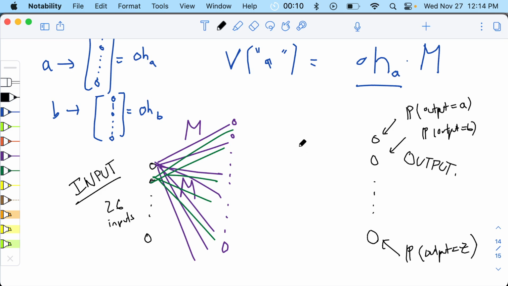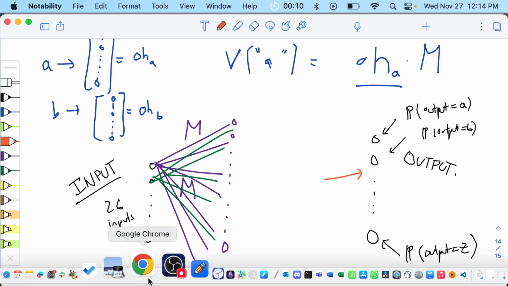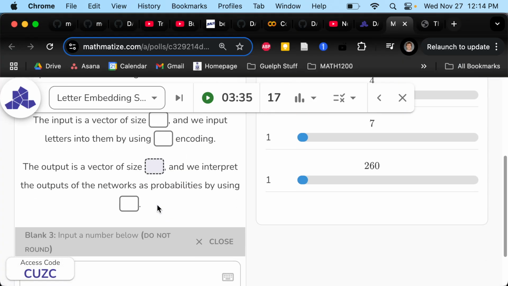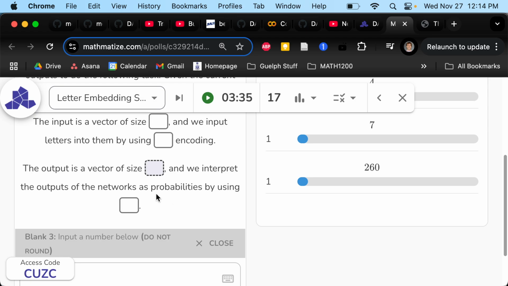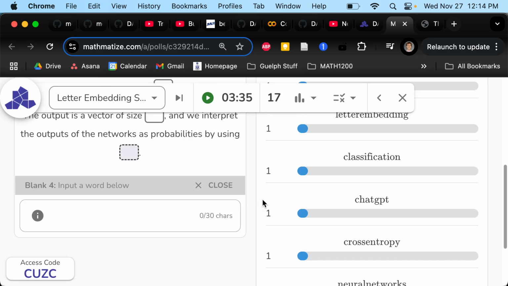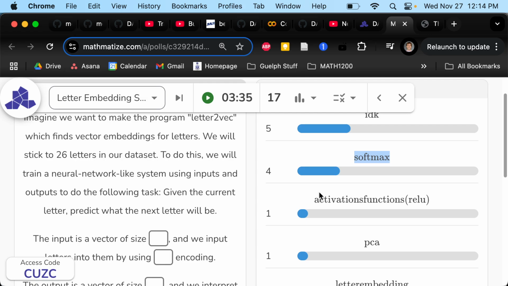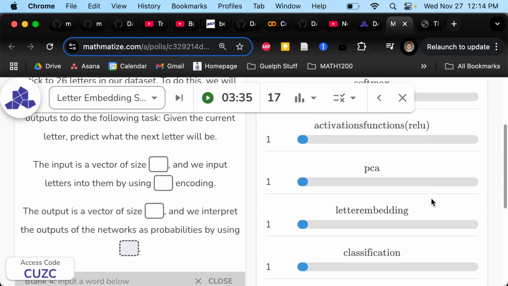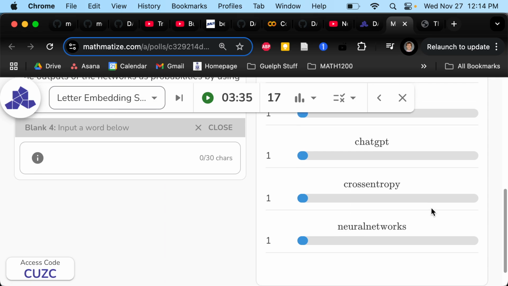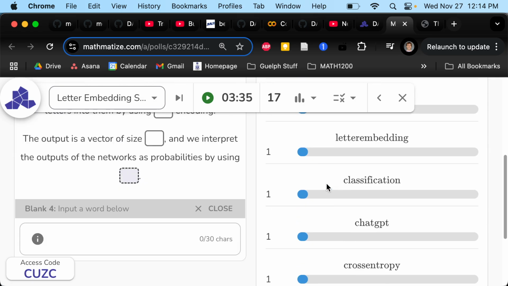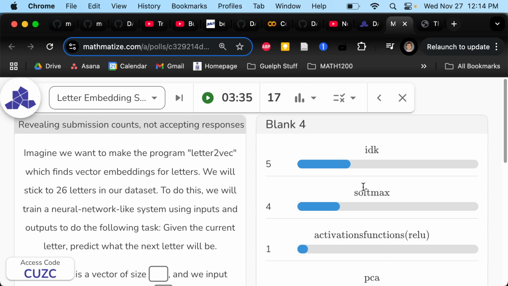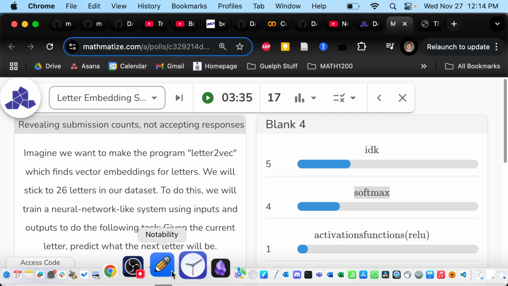How do we go from whatever's going on in the network to these probabilities? That is another common step. This is always used in every machine learning model ever, basically. We interpret the outputs of the network as probabilities by using softmax. Activation functions go in the middle, not at the end. Cross entropy is part of how we train it, but the end bit of every neural network that outputs probabilities is always a softmax, which is, again, very similar to the logistic function.